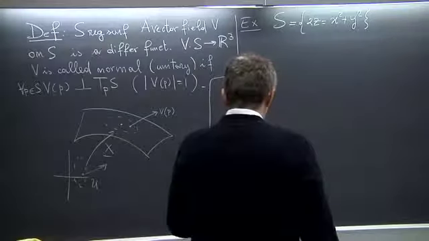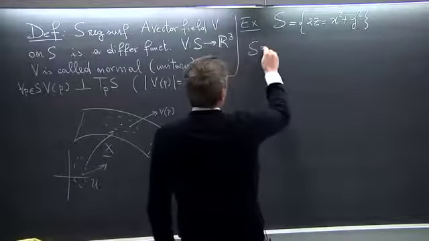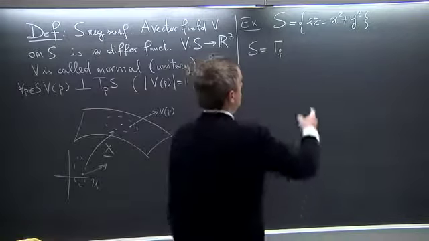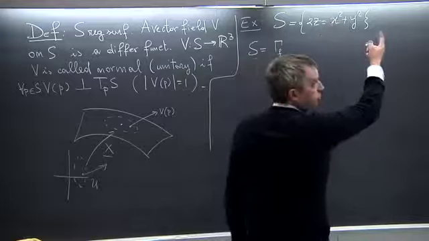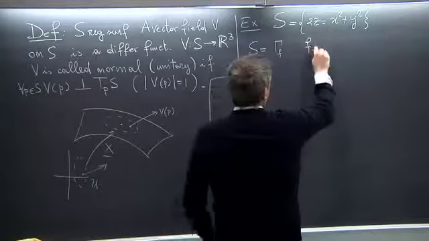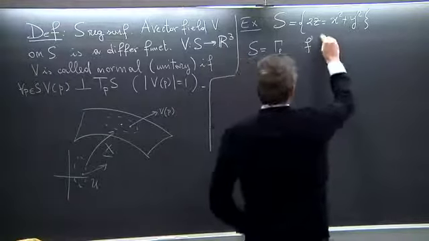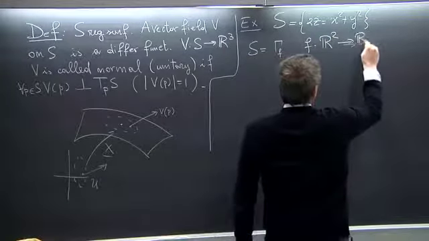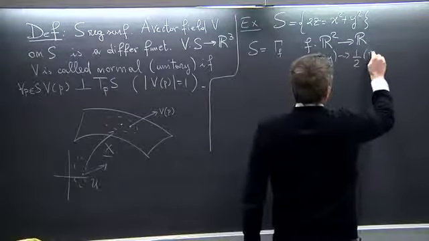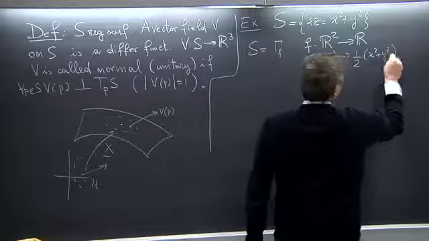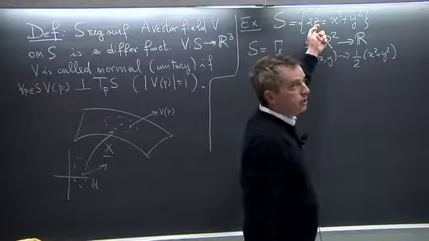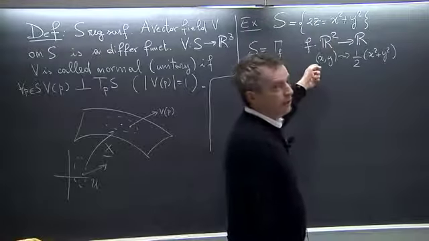Now S, in our notation, is the graph of a function f, because just dividing by 2, I have z equal to something. If I look at f as a function from R2 to R, taking xy into 1/2 of x squared plus y squared, you immediately see that this is exactly the z to be put here, so S is equal to the graph of this function.